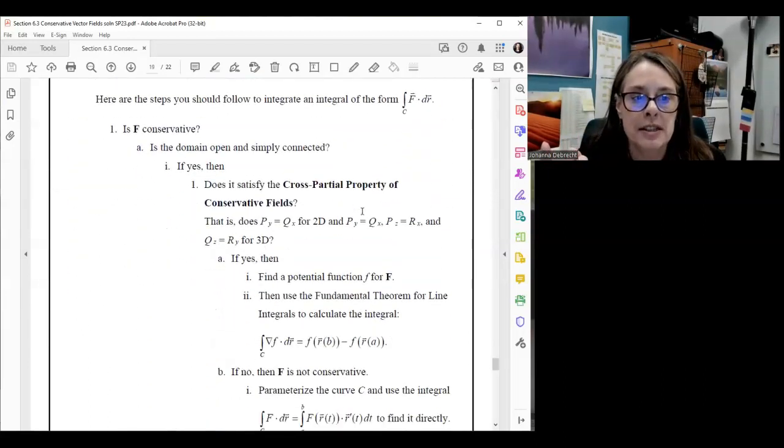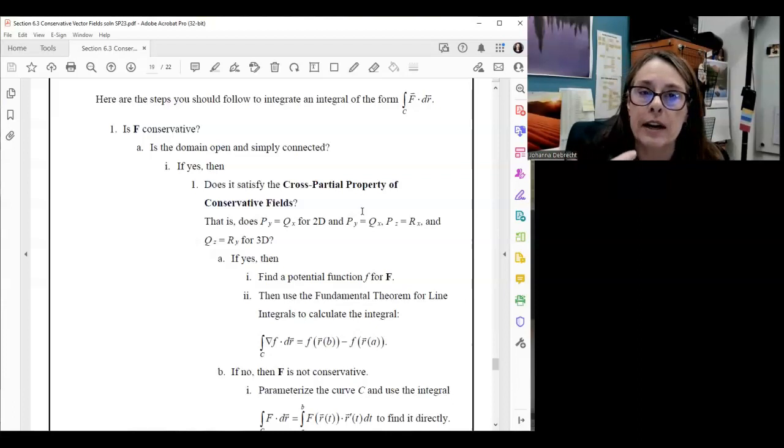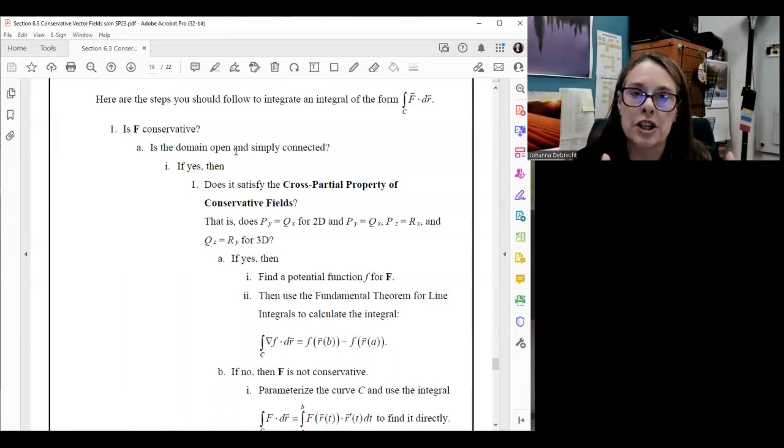So we have a checklist here of all the steps that you should go through in order to evaluate a vector line integral. So when we're looking at this vector line integral, what you're trying to establish first is, is the vector field conservative? So the first thing you want to ask is, is the domain open and simply connected? Because if it's open and simply connected, the next thing you're going to check is whether it has the cross partial property.